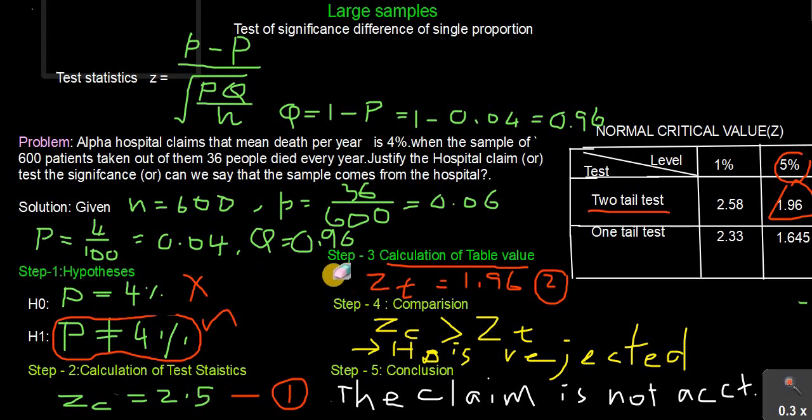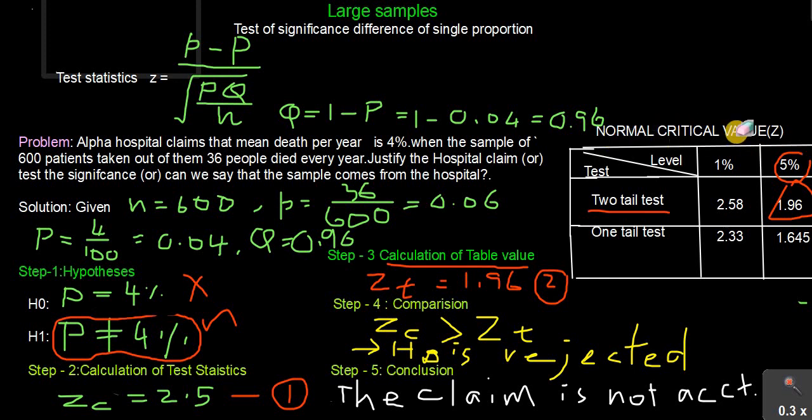Now our duty is to find the table value. Here the level of significance is not given to us, so we can take either 1% or 5% level. I am taking 5% level of significance.